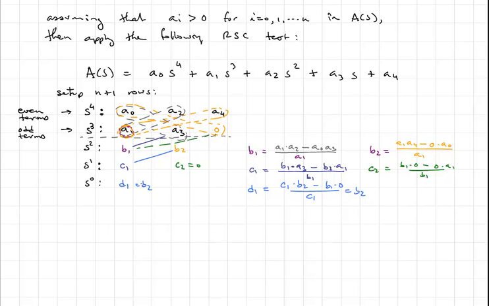Okay, now we fill all this out and we stop at this point, and then the final step is to look at the first column in this table and count the number of sign changes.